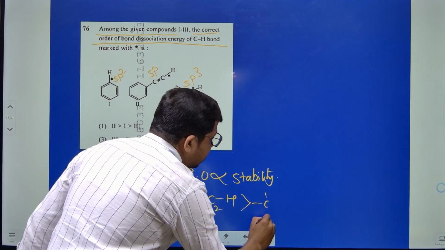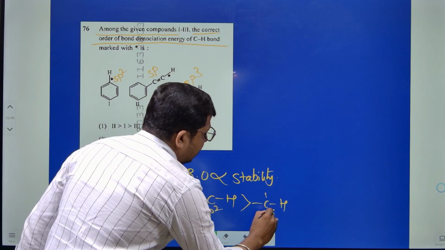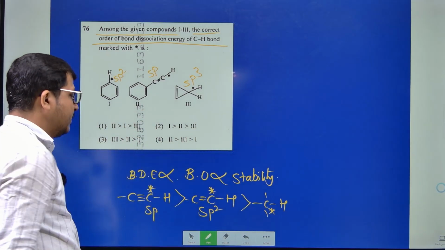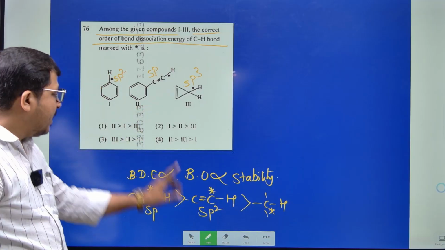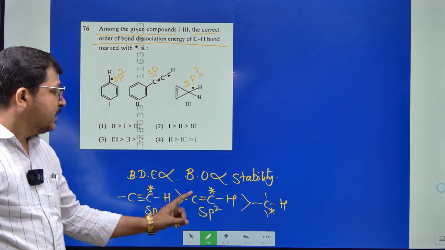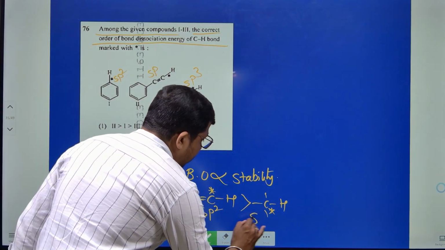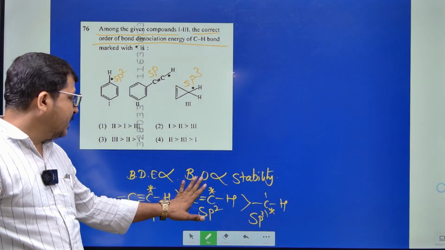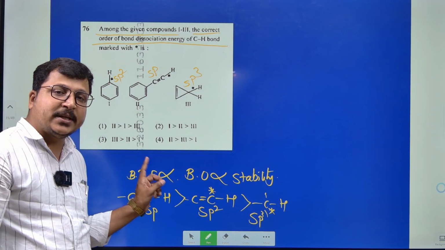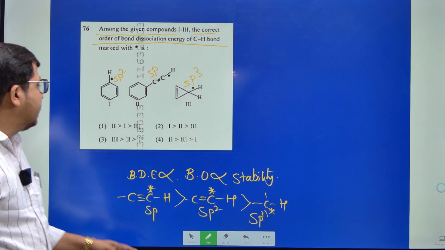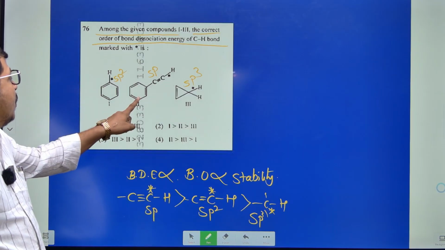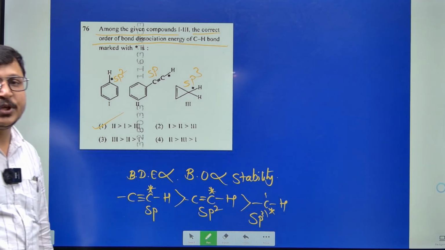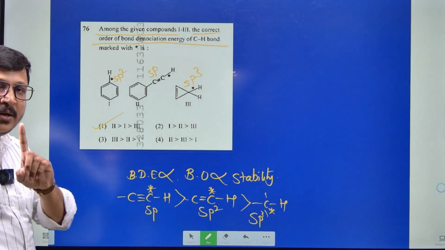Here the asterisk marks the bond; what they have given, I have written in split form. As the bond order increases, the bond dissociation energy increases. Hence, it follows 2, 1, 3. Therefore, the right option is option number 1.